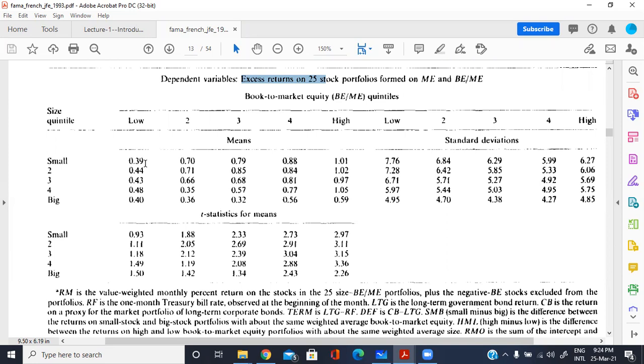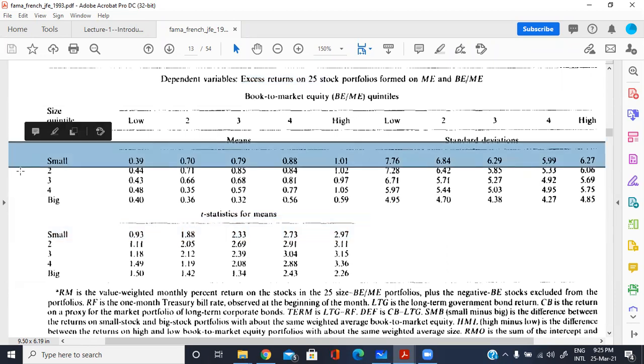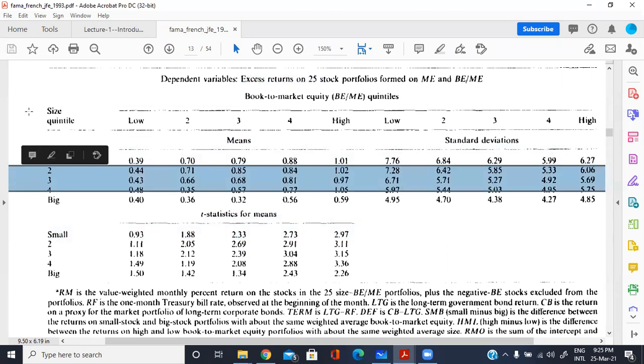You compare, this one is 0.39% monthly return, 0.44%, 0.43, 0.48, 0.44. Okay. Now just look at this column, this column, this column, and this column, and now tell me which companies tend to give higher monthly return, small companies or big companies?